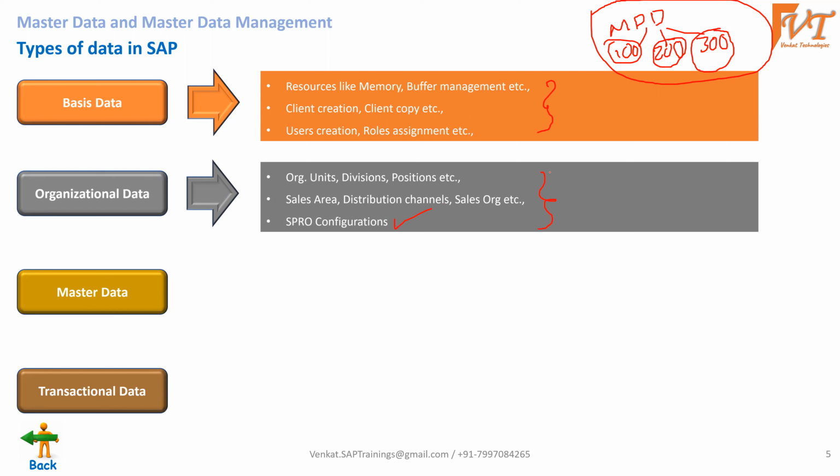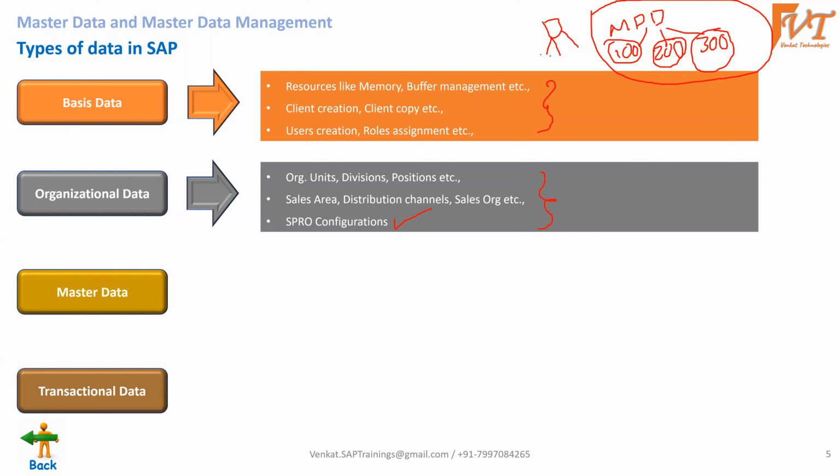If we take any organization, we'll have different departments. It may be the HR department, the IT department, or let's say MDG, and there will be a data migration team, a transport team, a finance team. Each team will have different resources.